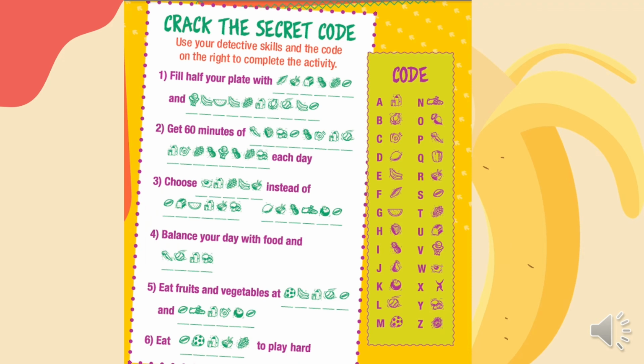And I have a final thing, if you can also crack the secret code. For each alphabet letter they have given you a fruit, a vegetable, or a kind of food. Use these and fill in the blanks. Okay. So for you to see it clearly, I have made it a little bit big.